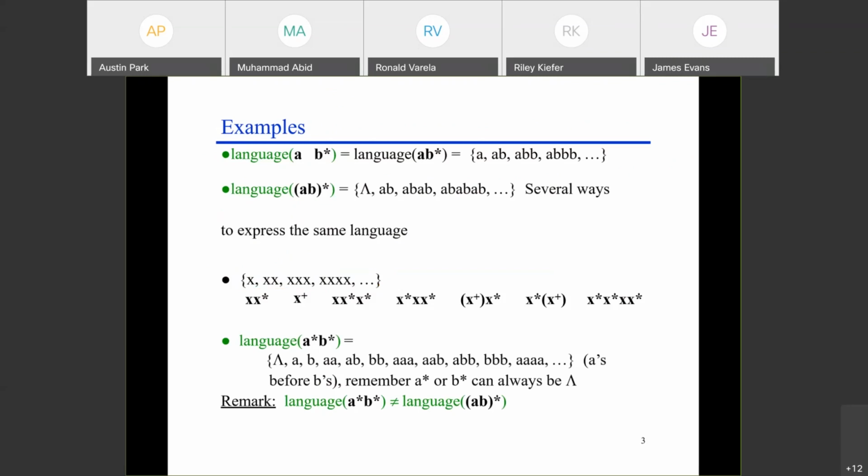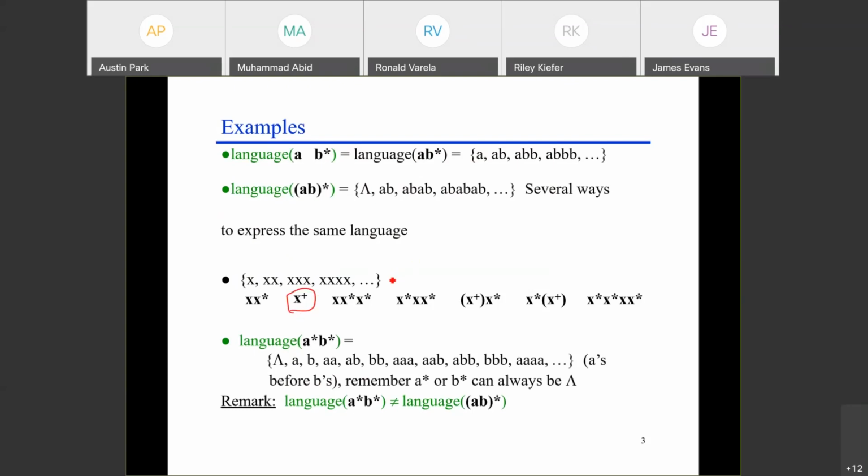It has 1x and then 2x and then 3x and then 4x, and so on. It means all possible combinations of x's. And we saw in our previous chapter that if you do not have lambda and have all possible combinations, you can represent that by the positive closure. So this is very nice, it represents this language.